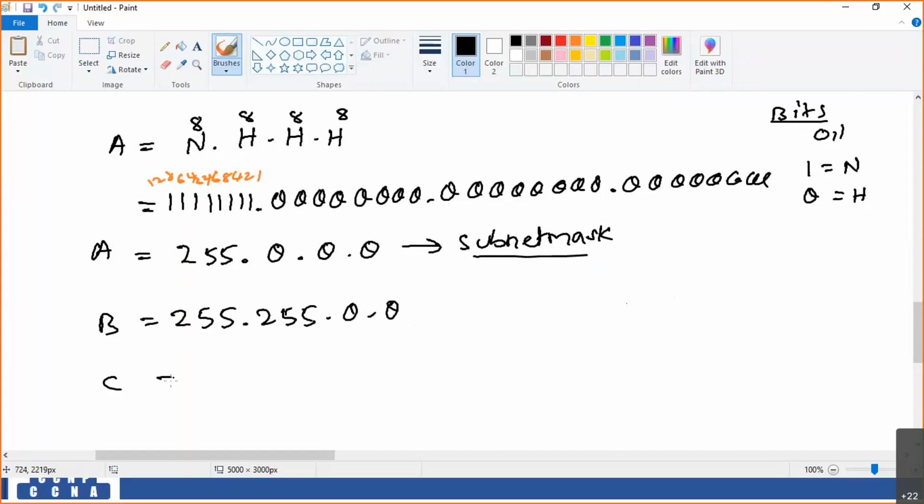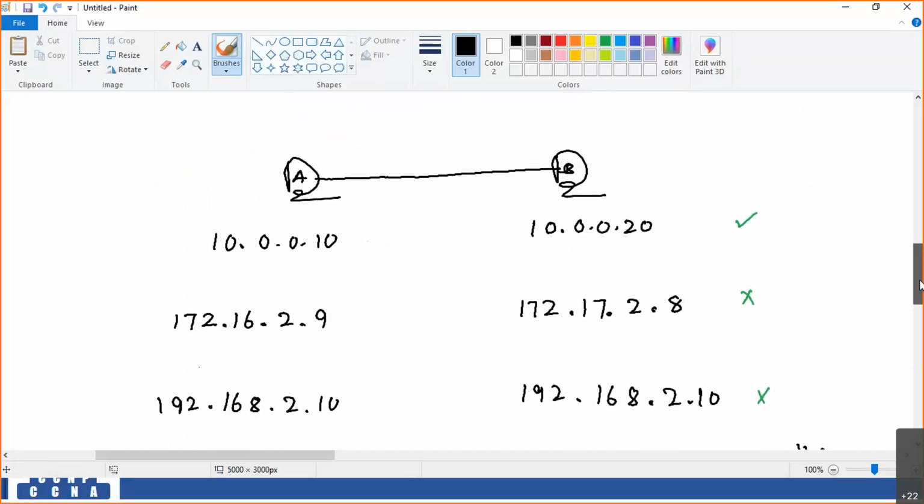Now what about class C? 255.255.255.0 is the subnet mask of class C. So based upon the subnet mask, devices can understand where the network portion is and where the host portion is. Now, back to your previous examples.